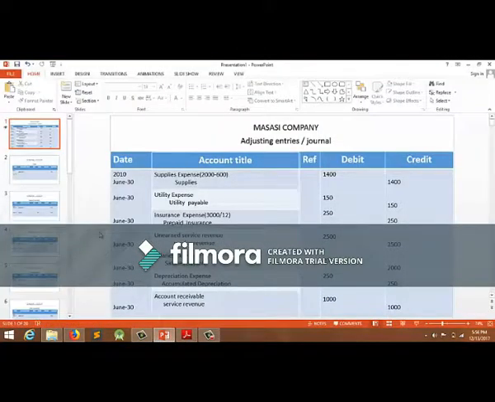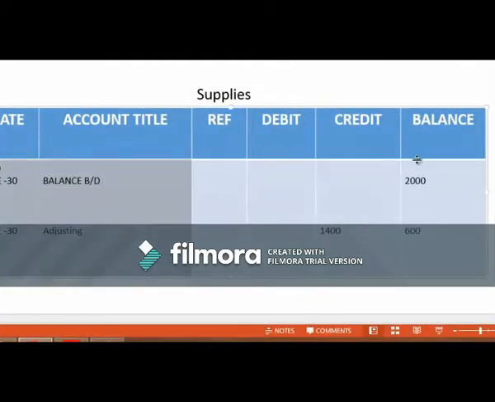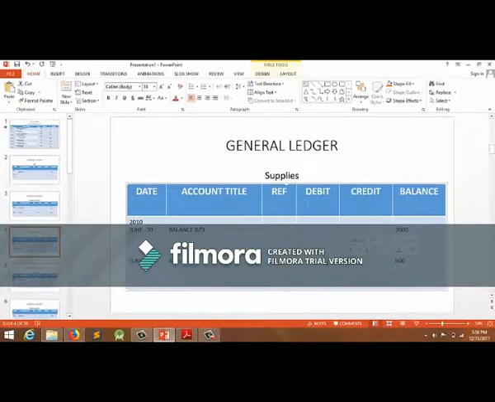So we will write balance BD 2000, and for adjusting it is 1400 credit. So as supplies is a debit balance, and this adjustment is in the credit, we will subtract it.